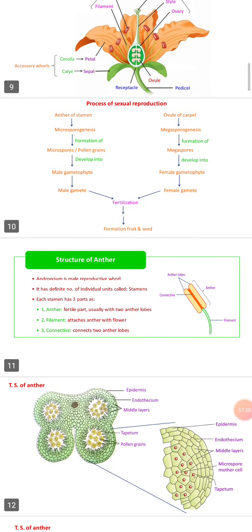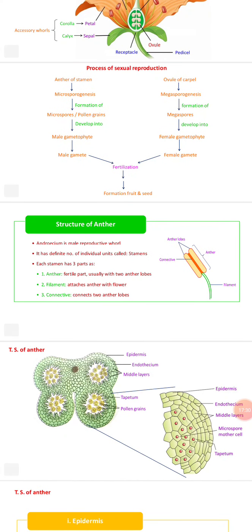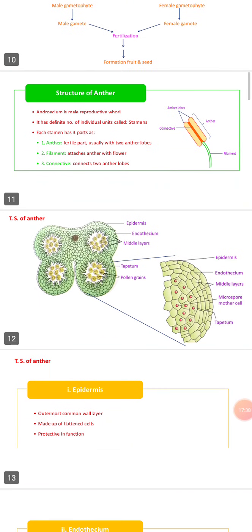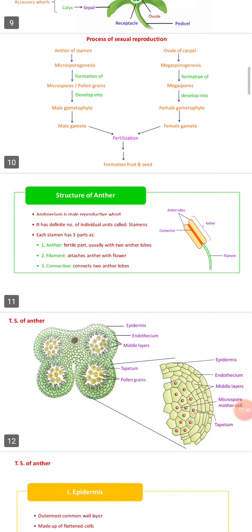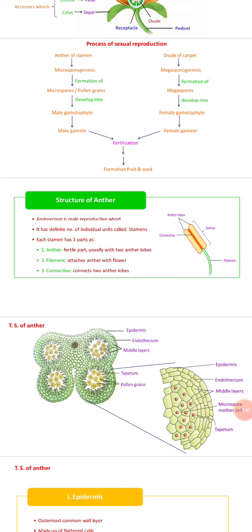The anther of the stamen undergoes the microsporogenesis process, and with the help of this process the microspore or pollen grain is formed. The pollen grain, which is initially unicellular, then undergoes two unequal cell divisions. The larger cell is the tube cell, and the smaller cell is the generative cell.